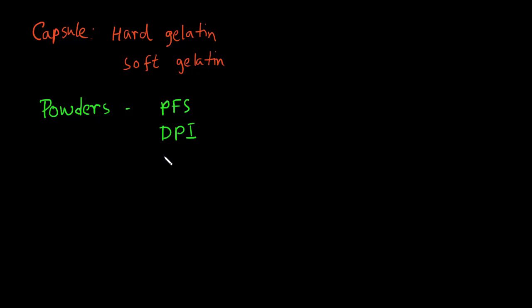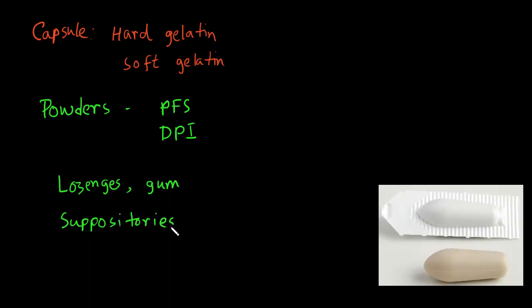The other kinds of solid dosage forms are lozenges or gums, like nicotine gums and nicotine lozenges, which are given for smoking cessation. And there are other kinds of solid dosage forms like suppositories. Suppositories can be of two types: rectal suppositories and vaginal suppositories. The suppositories melt at body temperature, so that's why they should be stored in the refrigerator.